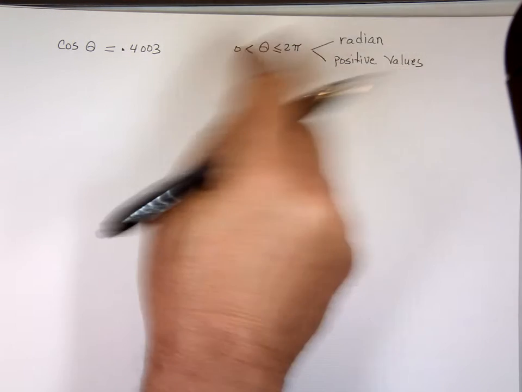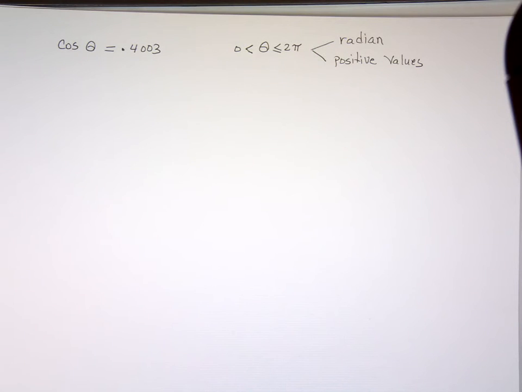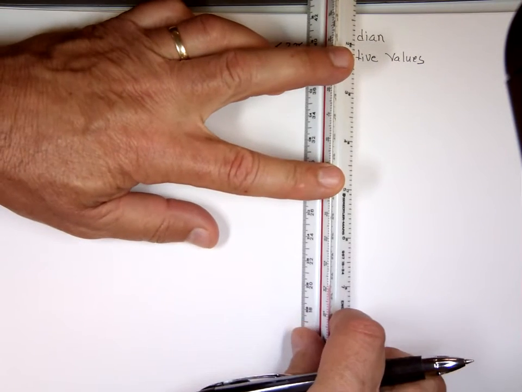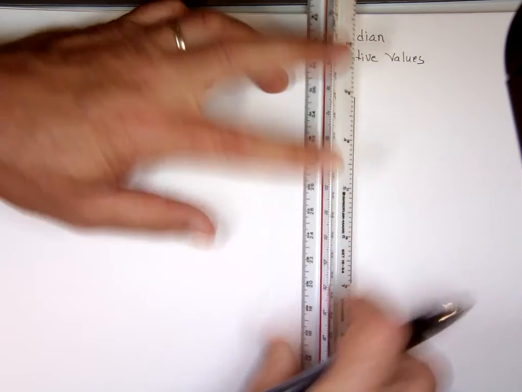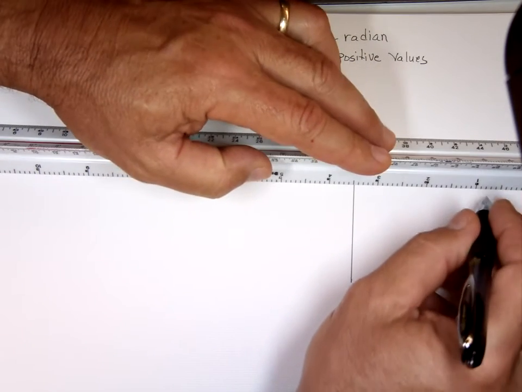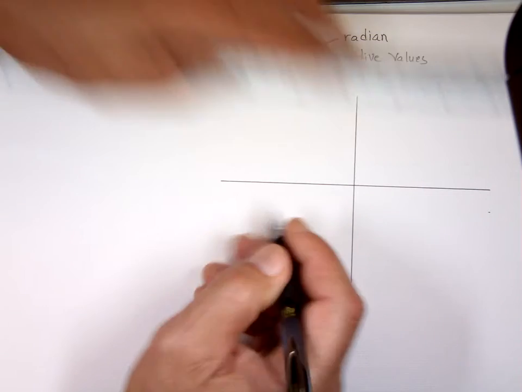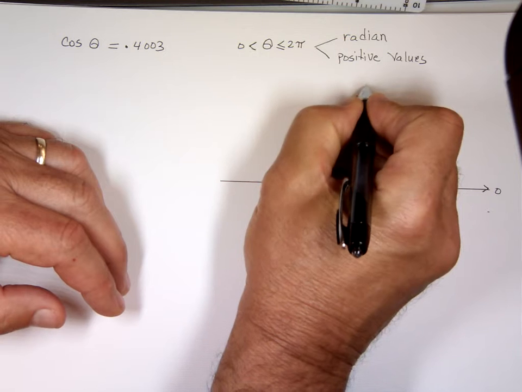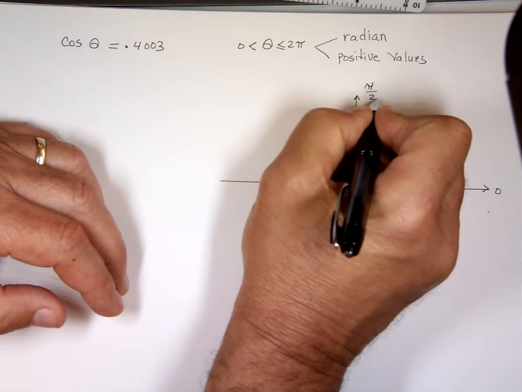Bigger than 0, less than 2 pi. So again, when I draw my axes here, before I attempt to solve it, this is the 0 radian, this is the pi over 2, 90 degrees.